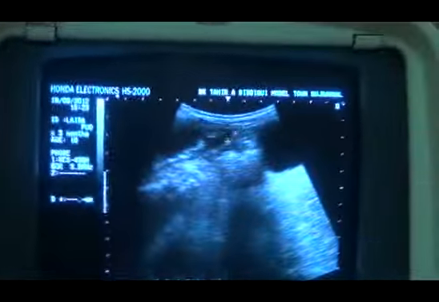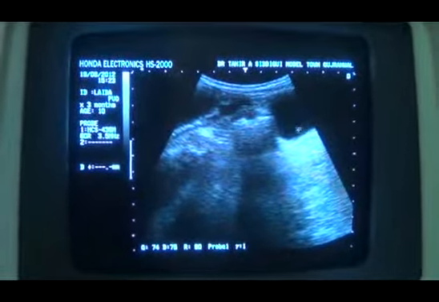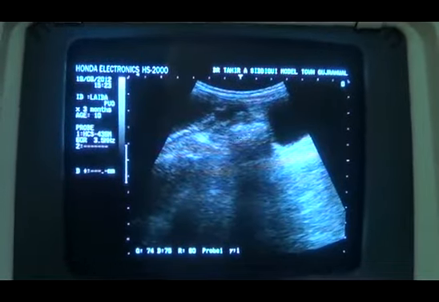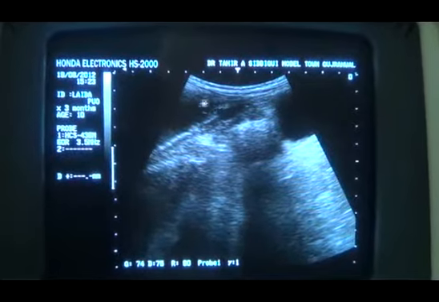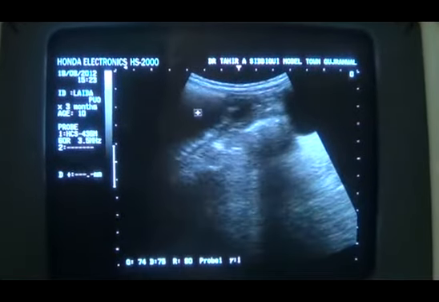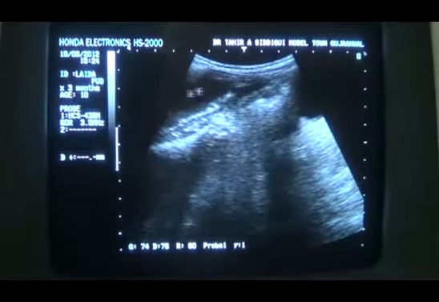You see, this is the urinary bladder in longitudinal section. These are bowels giving dirty shadow, and this is the lower margin of the cystic area that is under study.